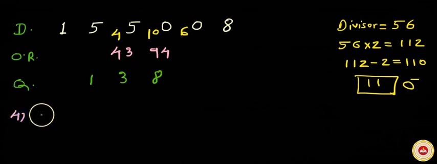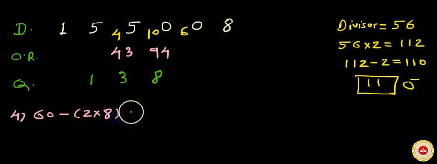Fourth step: 60 minus 2 times the last quotient digit, which is 8, which gives us 60 minus 8 2s are 16. So 60 minus 16. 60 minus 10 is 50, 50 minus 6 is 44. So write 44 below 60.